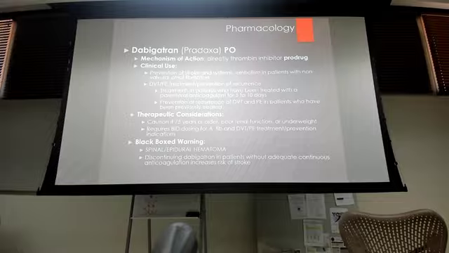So if it's AFib not caused by a valve issue, you're going to think of the oral direct thrombin inhibitor, which is dabigatran. It's used for treatment and secondary prevention of DVT and PE, and to ward off recurrence of DVT and PE. Give 5 to 10 days of parenteral anticoagulation before you switch to dabigatran for a venous thromboembolism.